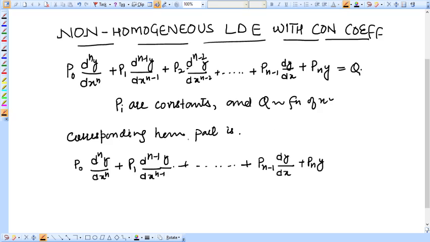Now we are talking about the homogeneous part. In the homogeneous part, q(x) is not present; instead it must be 0 here. So this is the corresponding homogeneous part of the given non-homogeneous linear differential equation with constant coefficients, right?